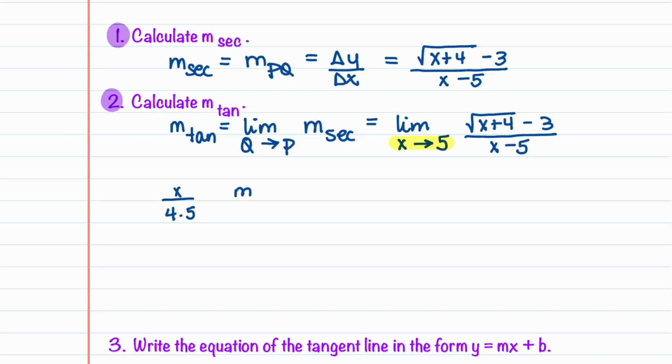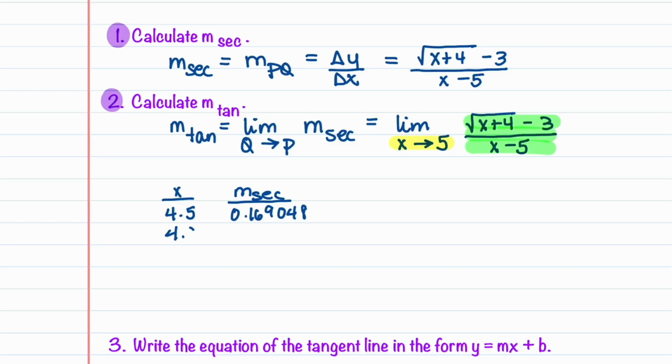We're then going to calculate the slope of the secant line. What you have to do now is take this x value and put it into this formula. When we do that, we get 0.169048.